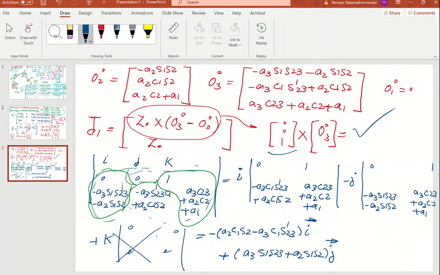I want to double check, guys. Any human can make a mistake. Sine 23 plus a2, okay, plus a3, okay. Now this is going to be a3 cosine 1.